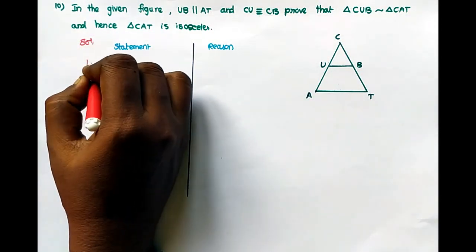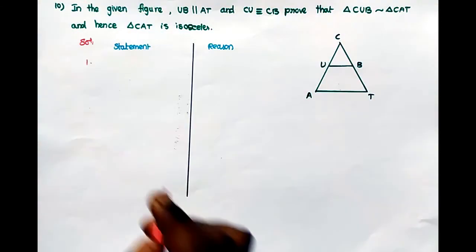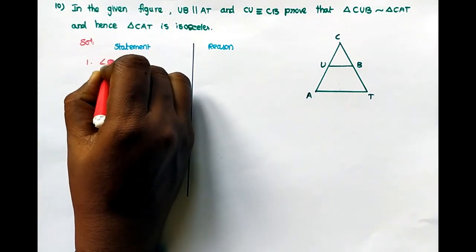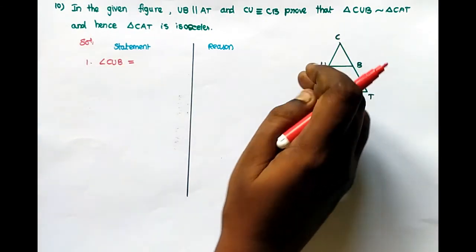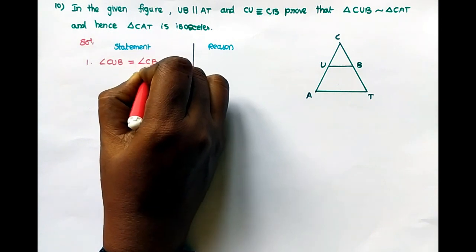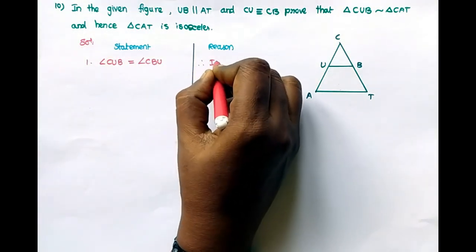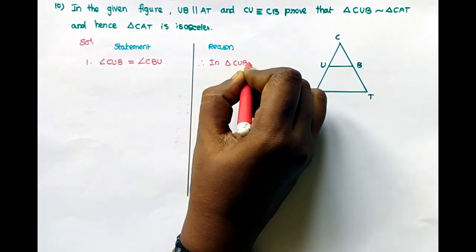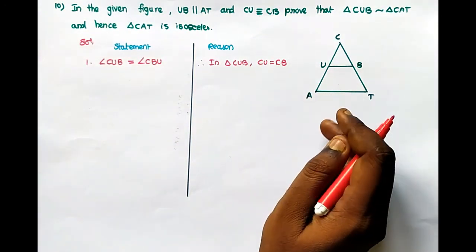First one, angle CUB is equal to angle CBU, since in triangle CUB, CU equal to CB, same base.